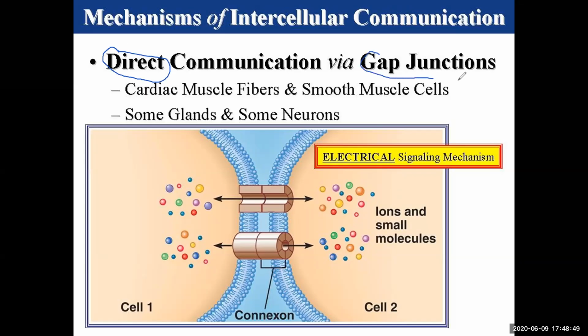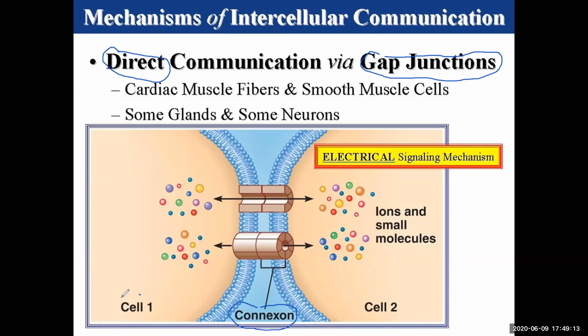So 24/7 openings. This is a gap here, this is one gap junction, this is the second gap junction. And you're required to know the transmembrane proteins used to build these gap junctions are called connexons. And these passageways remain open 24/7.